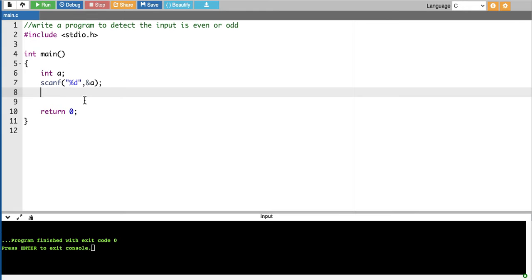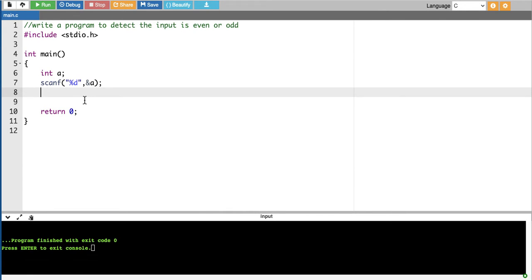If I divide 4 by 2, then it gives remainder 0. When I divide 8 by 2, it also gives remainder 0. When I divide 6 by 2, all these numbers are divisible by 2. Even numbers are divisible by 2. So we have to check, if the remainder is 0, then it's an even number, and if the remainder is 1, then it's an odd number.